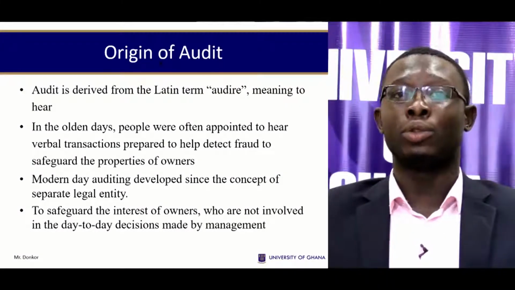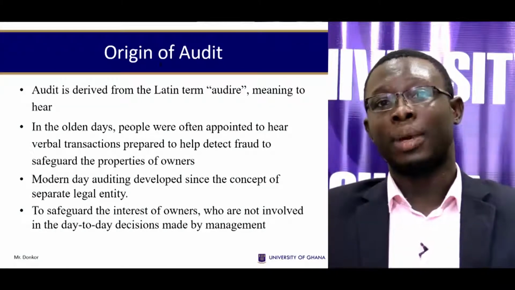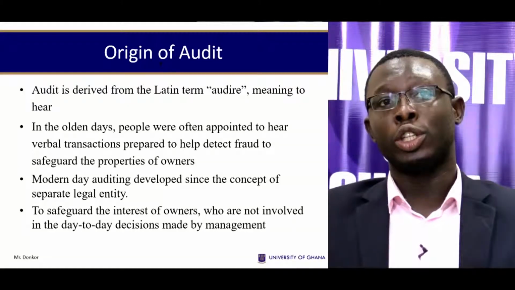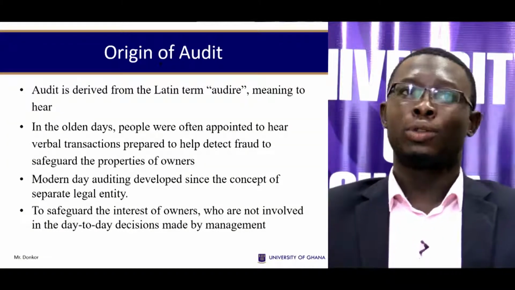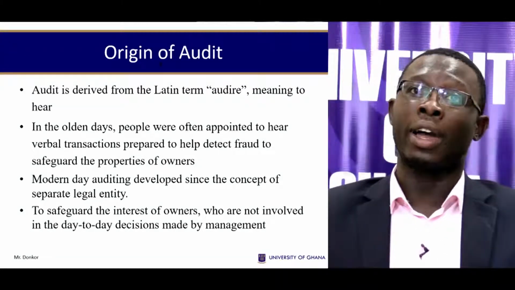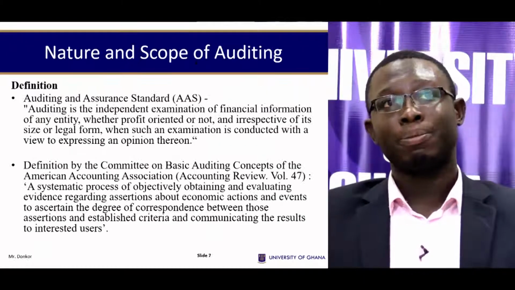So auditing came in to link owners and managers, to deal with any fraud issues and to make the work and report of managers credible. To safeguard the interests of owners, that is why auditing has been introduced.